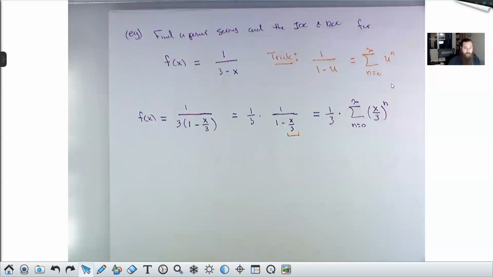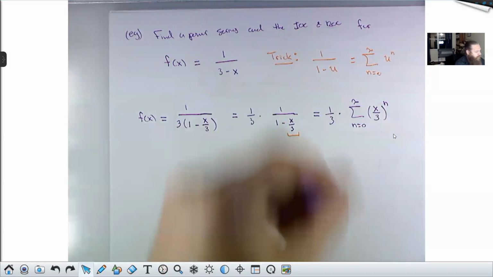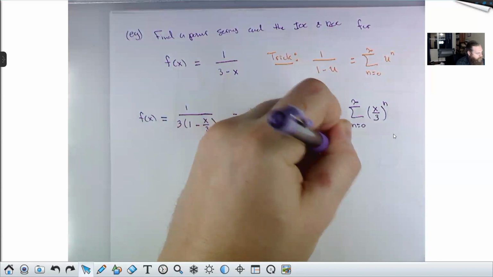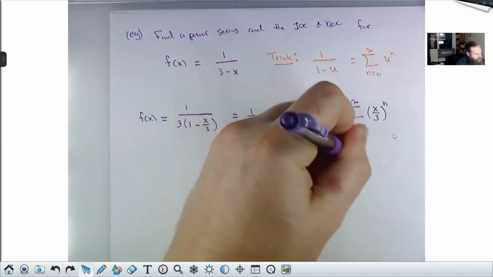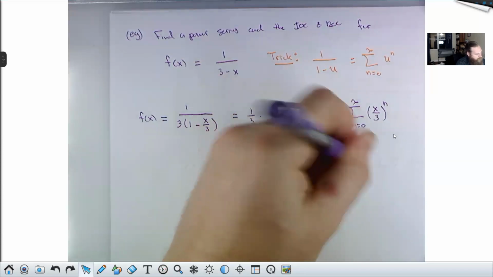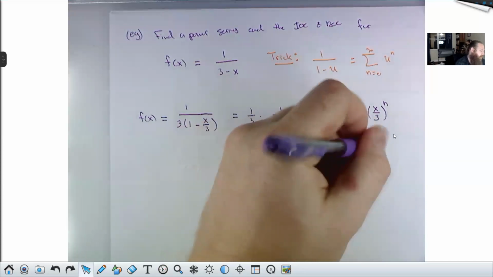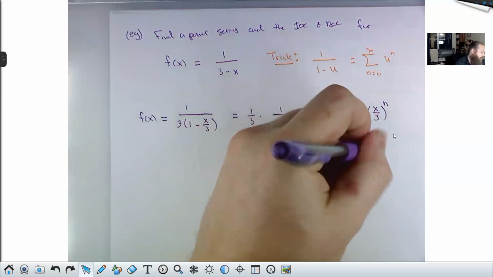And like before, we need to clean this up. This isn't looking like a normal power series yet, right? It doesn't look like Cn times x to the n or Cn times x minus a to the n. It doesn't have that correct shape yet because this hasn't been simplified. This is 1/3 times sigma n from 0 to infinity x over 3 to the n, which is x to the n over 3 to the n.